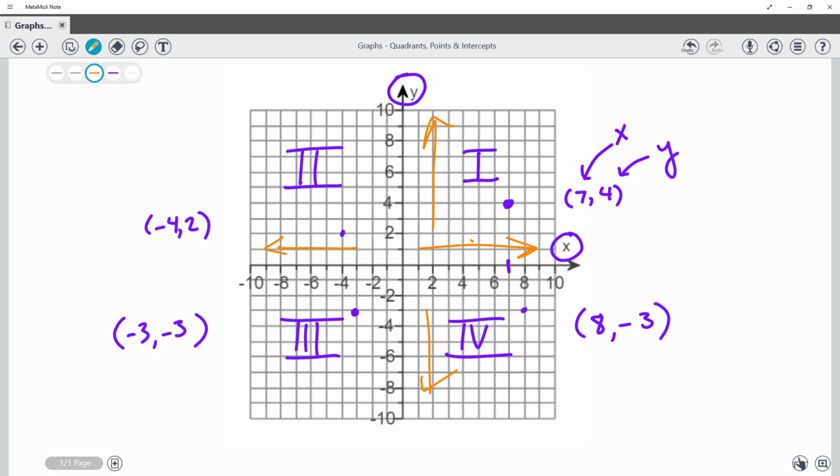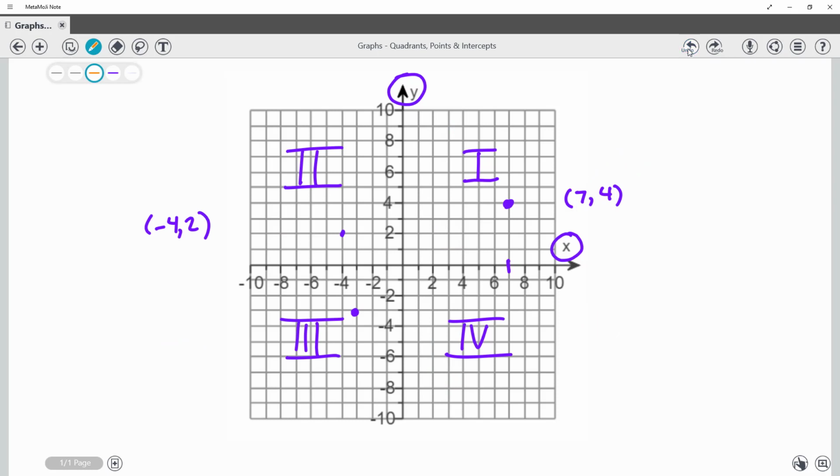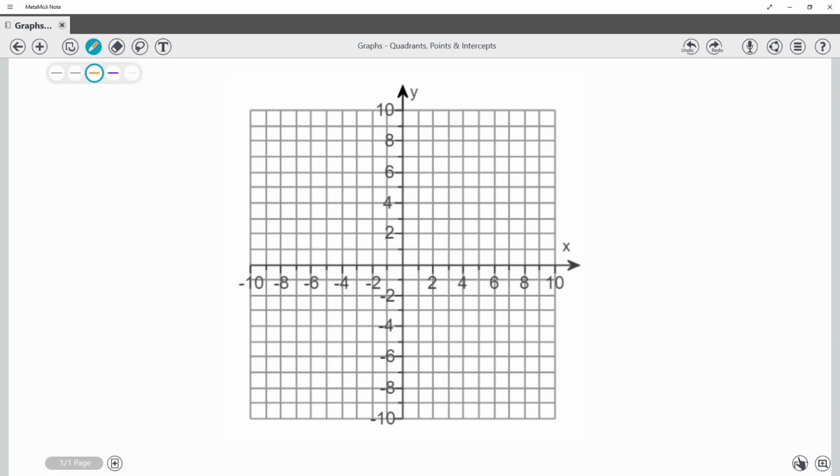All right, so then also what we like to talk about is what's called x and y intercepts. So just in general, intercepts. An intercept is where you actually cross an axis.